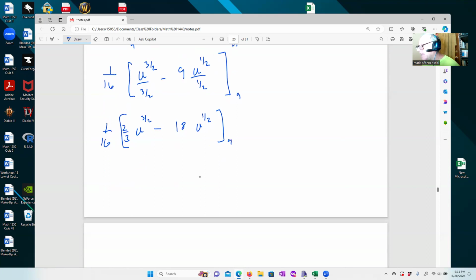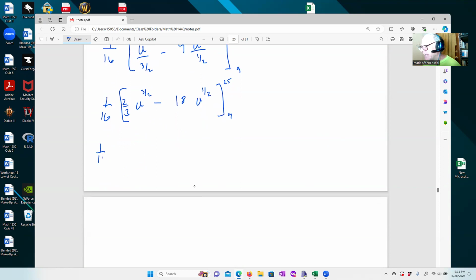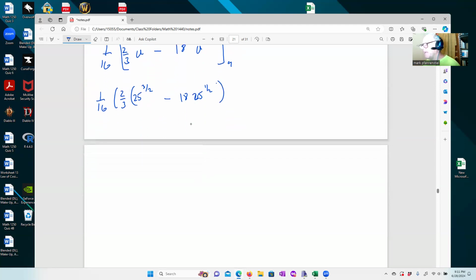We have to go from 9 to 25. So we have 1/16 times 2/3, and if I plug in the 25 here, we have 25 raised to the 3/2 power. Remember, there's a trick that's going to happen here. It's going to be 25 times the square root of 25, minus 18, times, again, we're just plugging in 25 here, so 25 to the 1/2 power. 25 to the 1/2 power is something we can actually deal with.